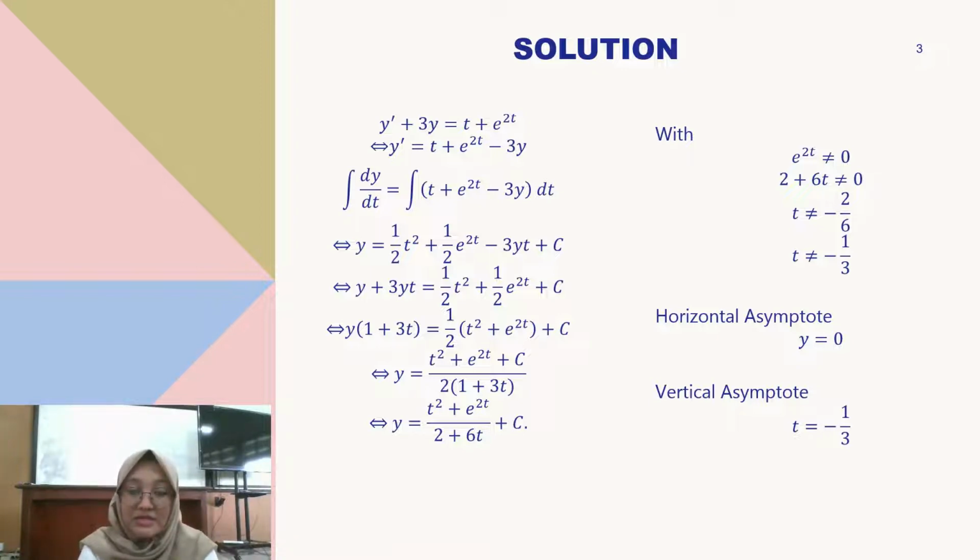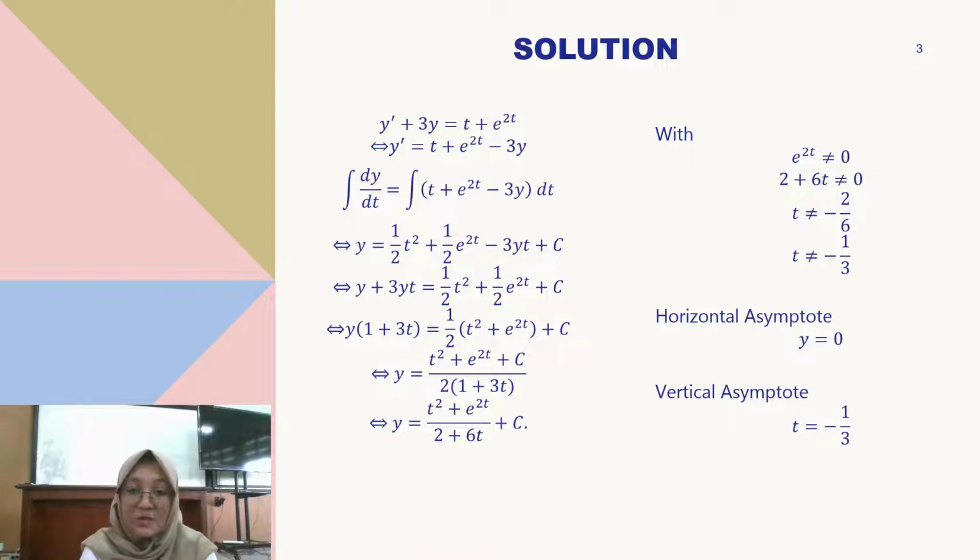Then we move the minus 3yt to the left side, and it becomes y plus 3yt equals a half t squared plus a half e to the power of 2t plus c. Then y times 1 plus 3t equals a half times t squared plus e to the power of 2t plus c.